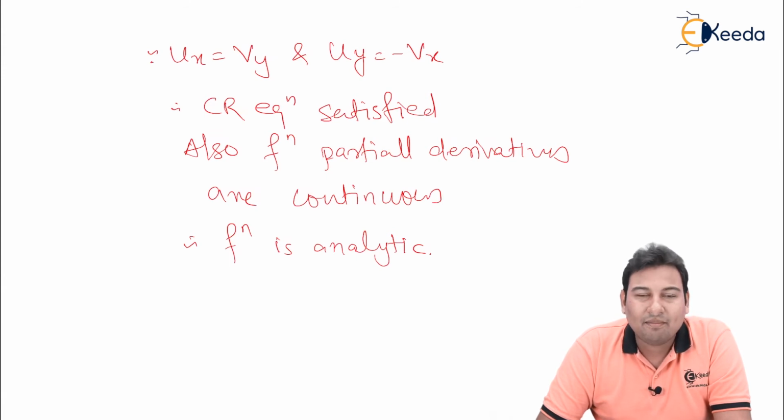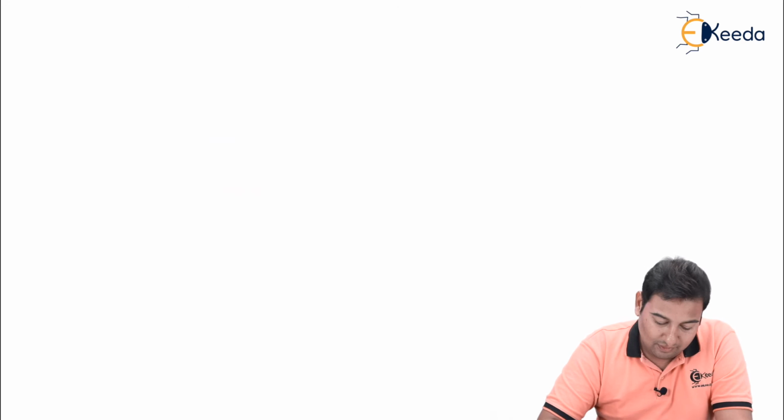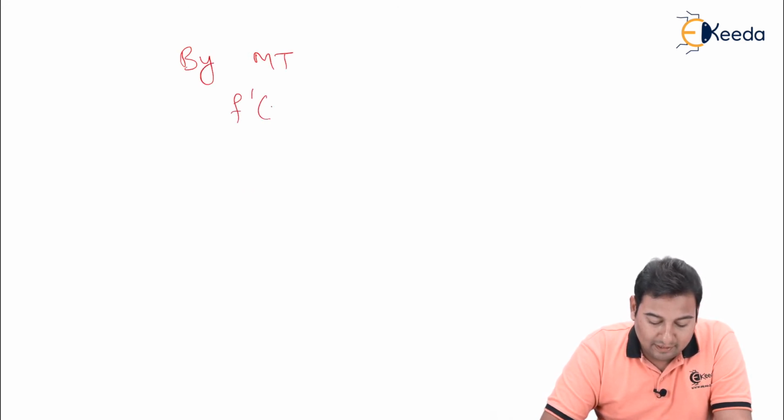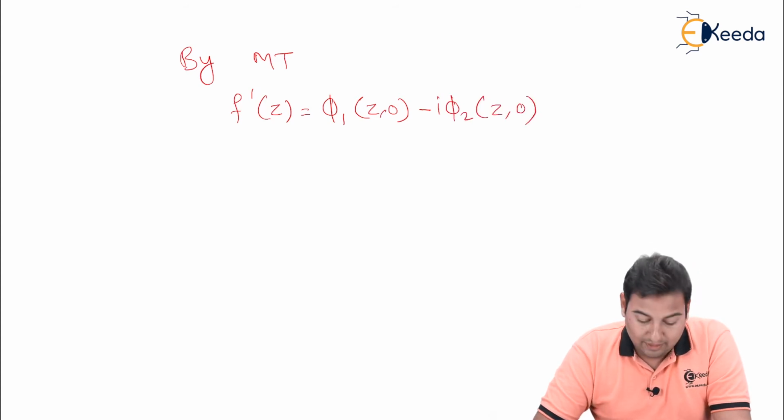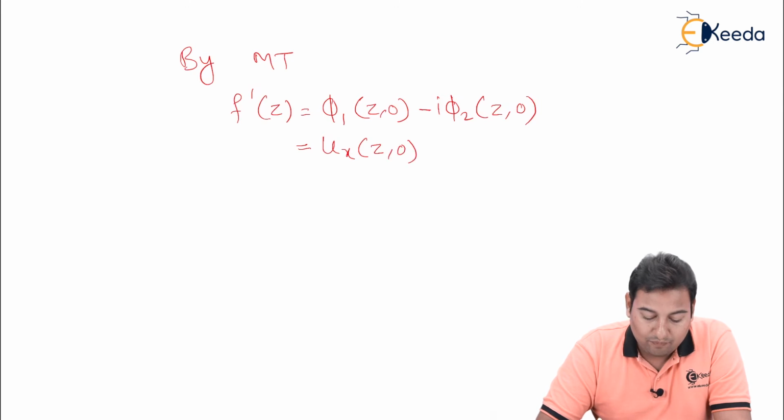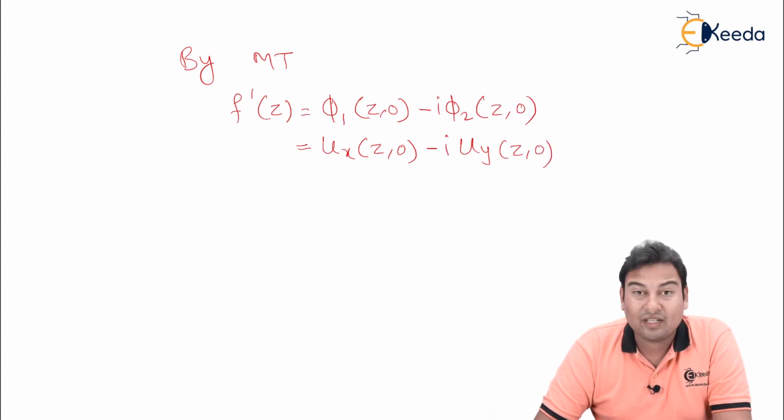f dash z can be found by using Milne-Thomson. f dash z is equal to phi 1 z comma 0 minus i times phi 2 z comma 0. Here phi 1 is ux z comma 0, and phi 2 is uy z comma 0. Actually there are two formulas.